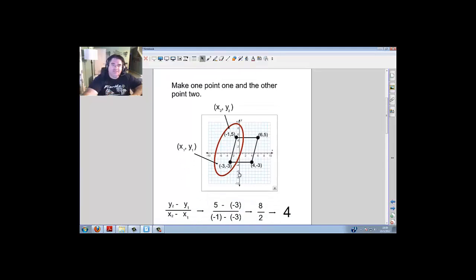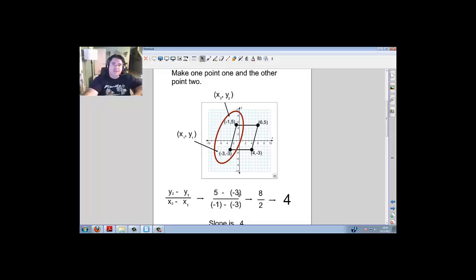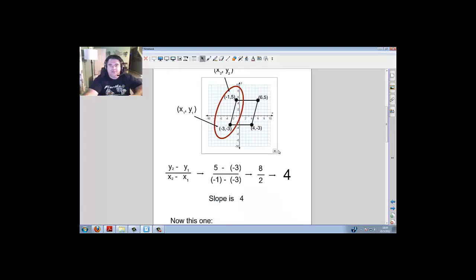So I'm going to take the y difference, which is 5 minus negative 3, over the x difference, which is negative 1 minus negative 3. So 5 minus negative 3 is positive 8, and negative 1 minus negative 3 is positive 2. 8 divided by 2 is 4. And if you notice, 1, 2, 3, 4 over 1, it fits.